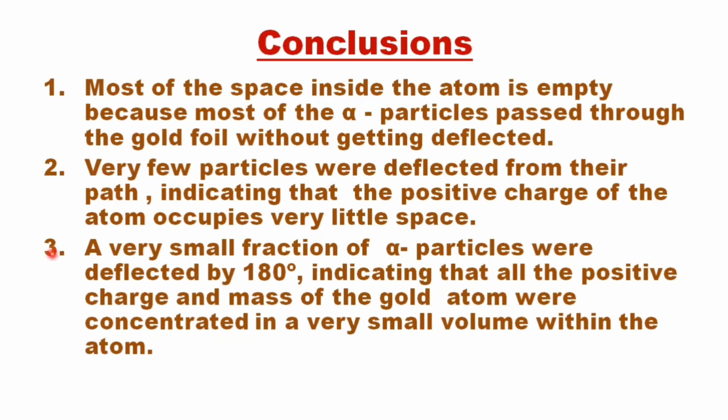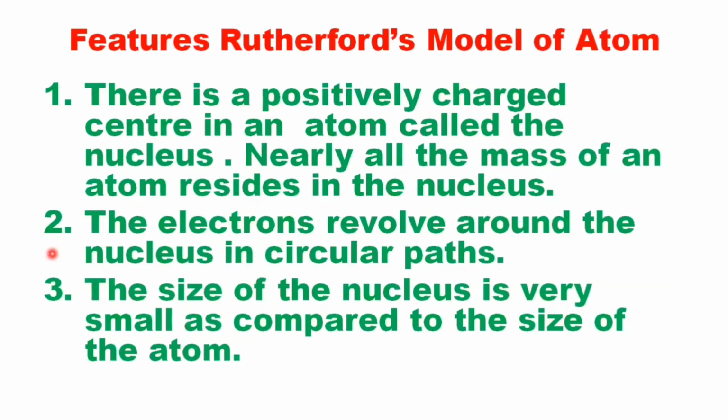A very small fraction of alpha particles were deflected by 180 degrees, indicating that all the positive charge and mass of the gold atom were concentrated in a very small volume within the atom. So, finally, Rutherford could design a nuclear model of the atom based on those observations and conclusions.